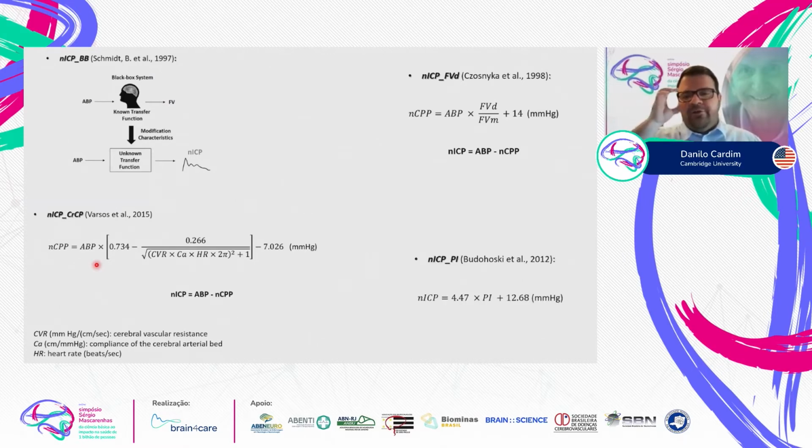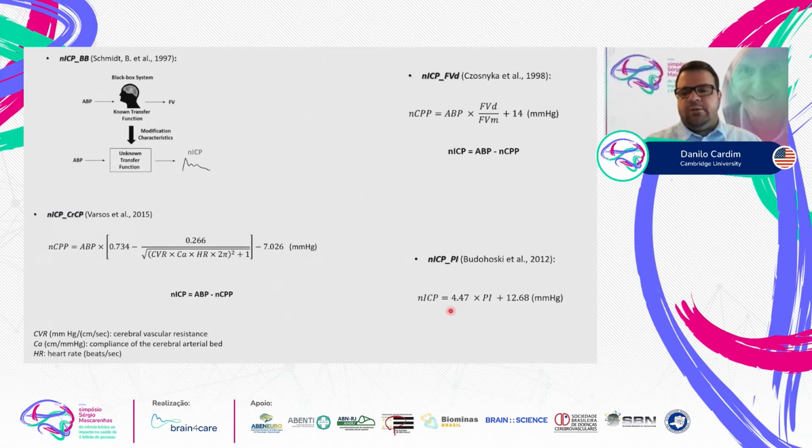And finally, the fourth method is based on the so-called pulsatility index, which is one of the simplest ways to assess the waveform of transcranial Doppler cerebral blood flow velocity. With that, we can obtain a linear regression when we have an extensive database of traumatic brain injury patients.